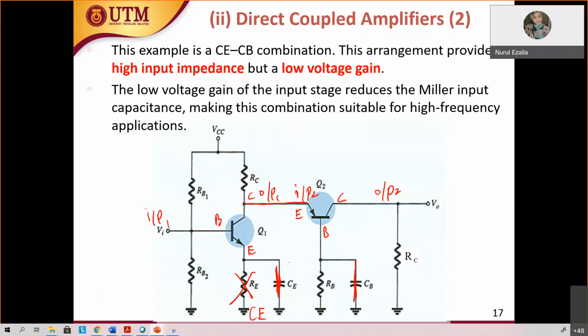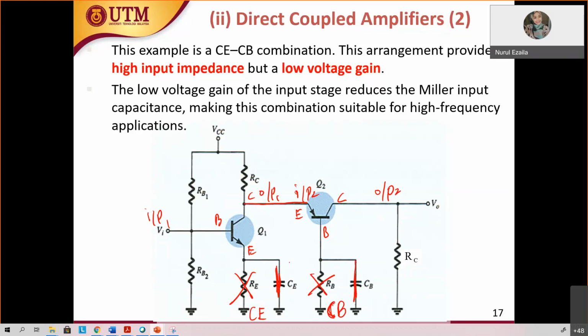Therefore, this is common base, with a bypass RB. So it can also be between common emitter and common base. In this case, it will be like this.